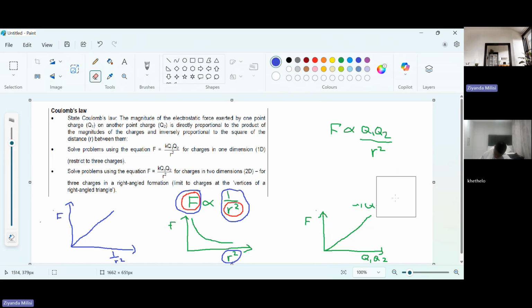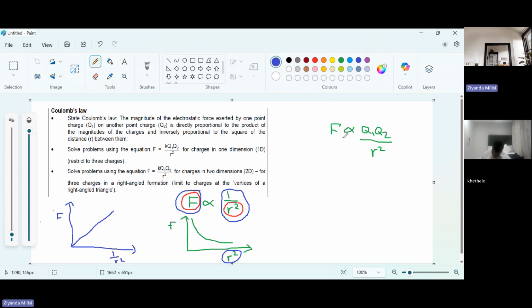Now, looking at this law, which we have written in symbols, if you want to replace a proportionality sign with an equal sign, you introduce a constant. And the constant introduced here is k. So we've got k Q1 Q2 over r squared.